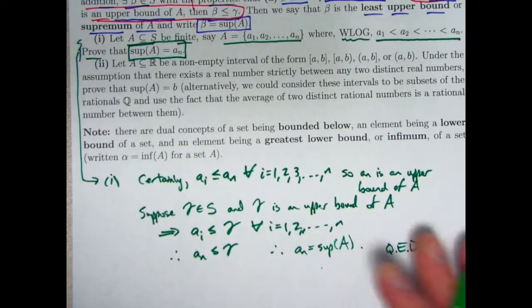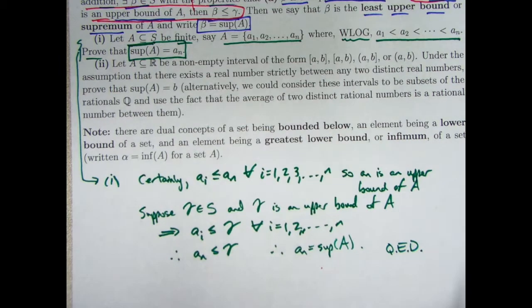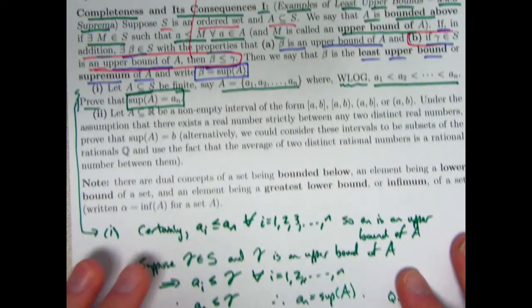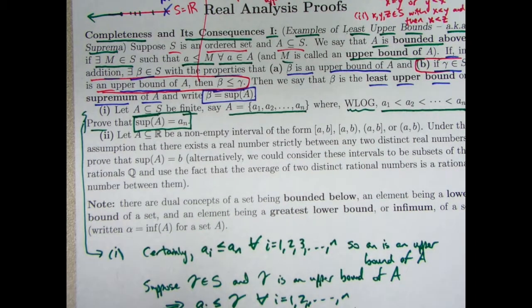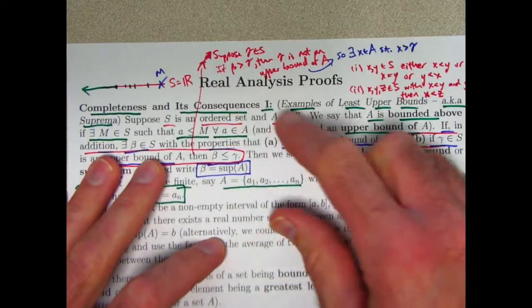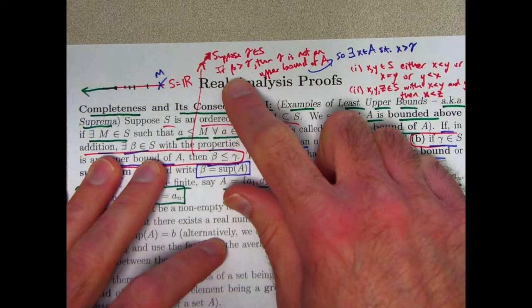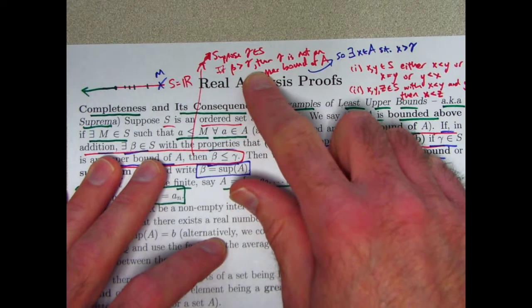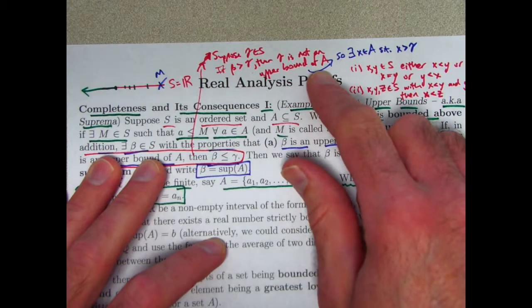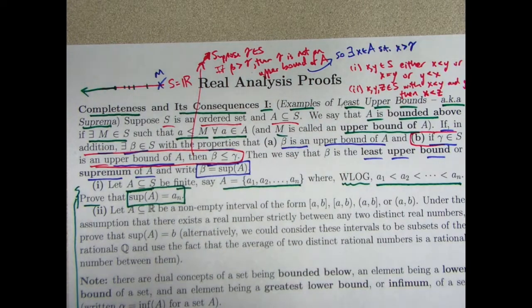By the way, it's probably worth me making the comment that a sup of a set is unique. I did say the sup of A. Proving that a supremum is unique is not too hard either. If you assume there were two suprema of a set capital A, call them beta and gamma, thinking about this contrapositive up here, where without loss of generality beta is greater than gamma, this condition would imply that gamma is not an upper bound of A, which would contradict the fact that gamma is a supremum.